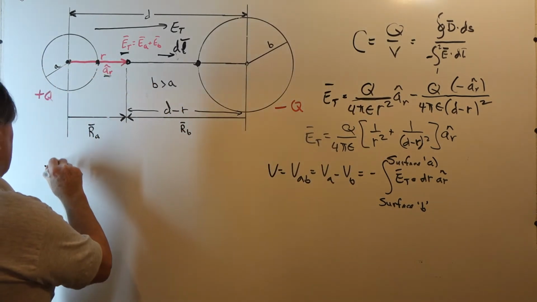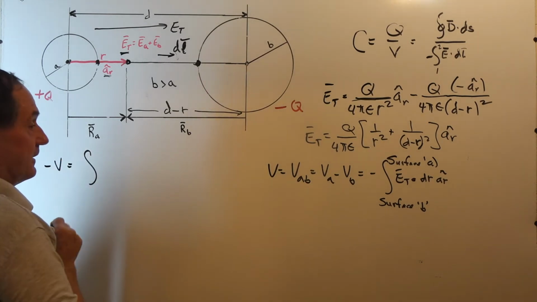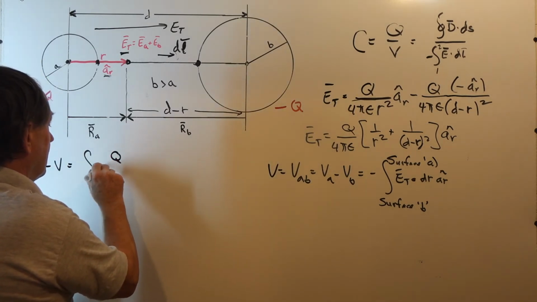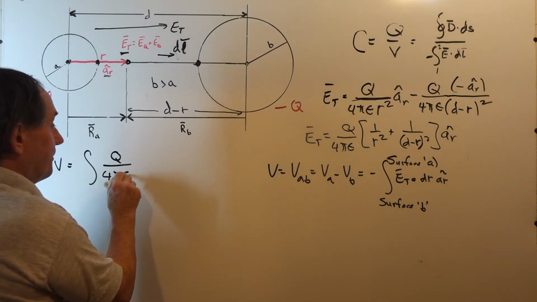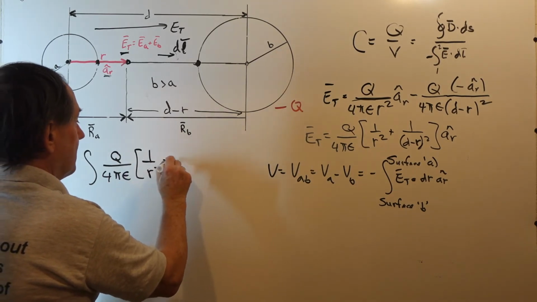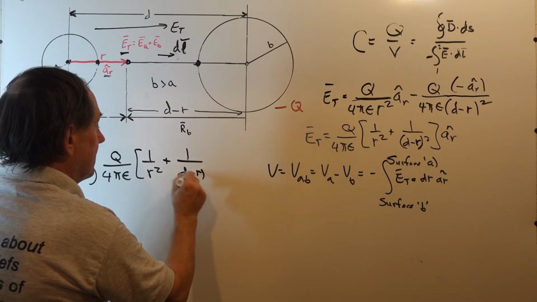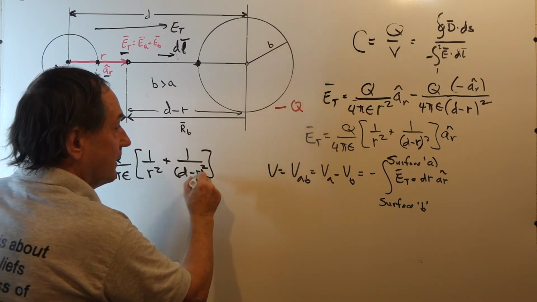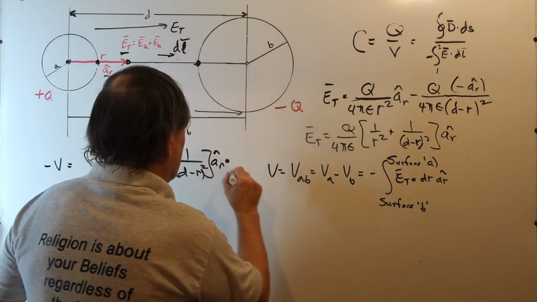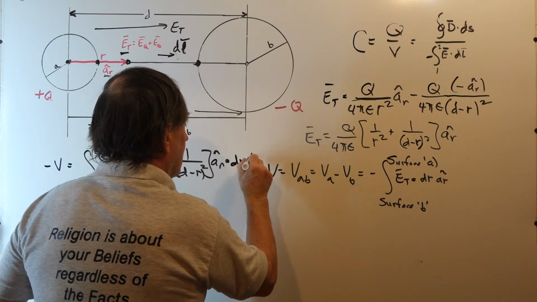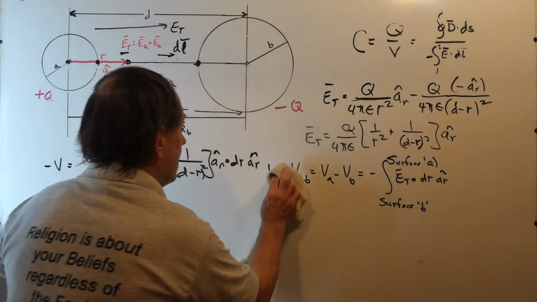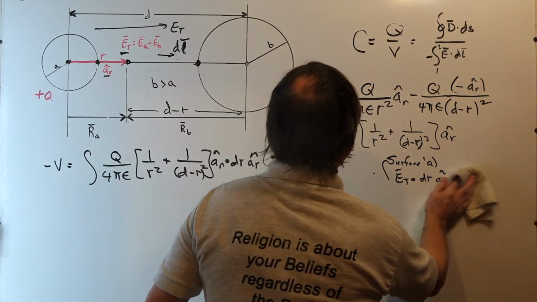So I'll have minus V is equal to the integral from the surface of B to the surface of A. We put in for our total electric field, which is 1 over 4 pi epsilon times 1 over r squared plus 1 over d minus r squared in the AR direction, and we dot that with dr AR.